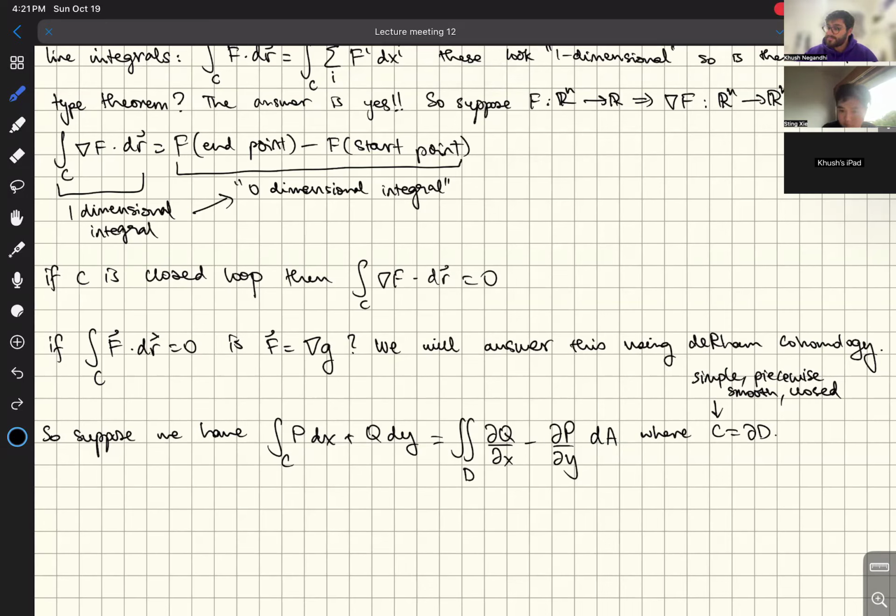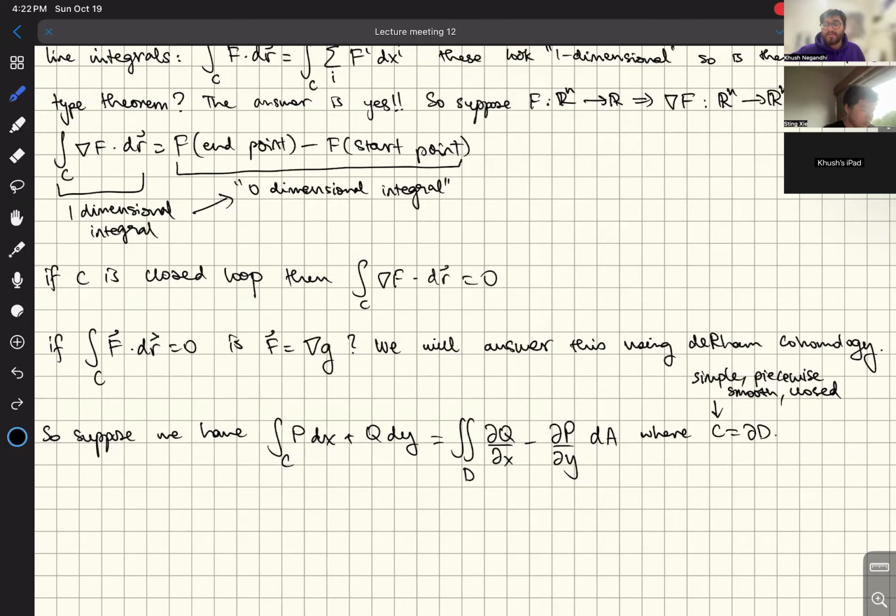And the answer is actually a little shocking. If you take C to be a circle in R2, then of course C is the boundary of the disk, right?